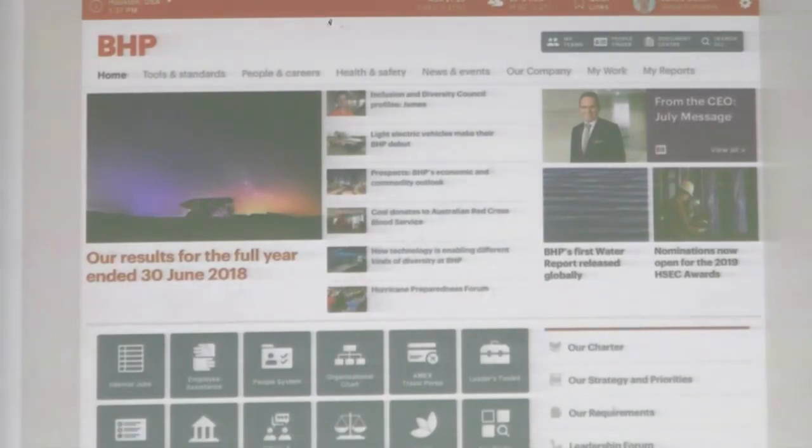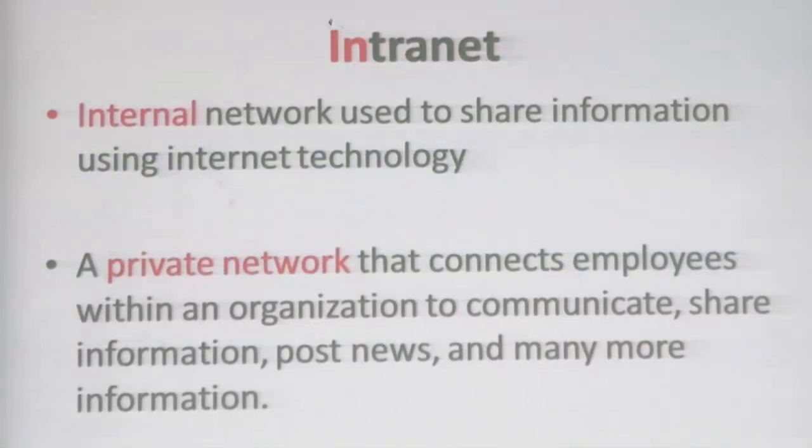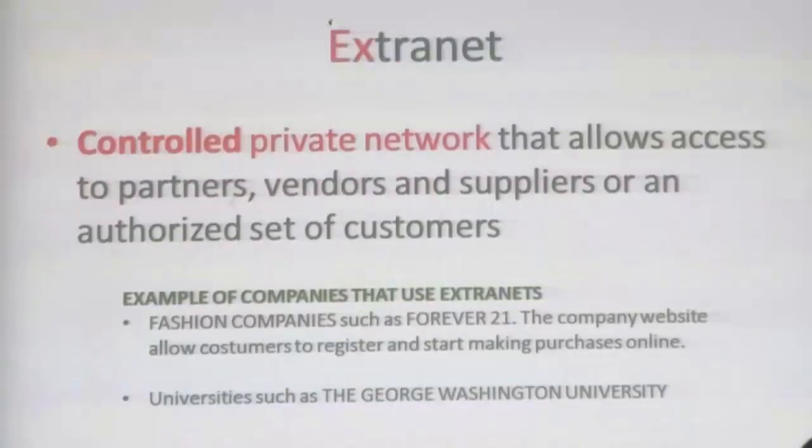It is within the organization, not outside. It's a private network. So in the question paper, sometimes these features will be asked. The special feature is that this is a private network that connects employees within an organization to communicate, share information, post news and many more things. So it is private, accessible only to staff in the organization.